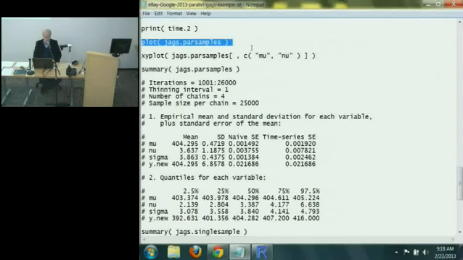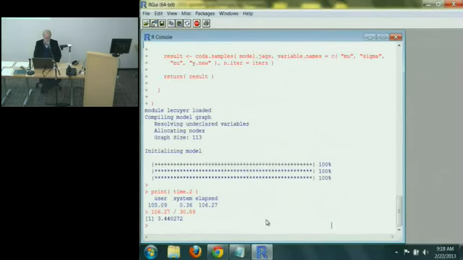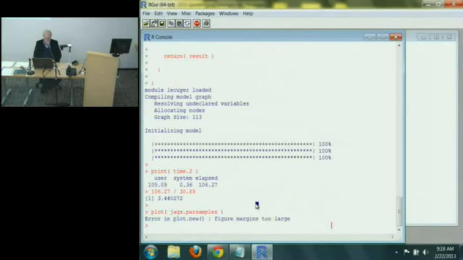jags.parsesamples is an object of type mcmc.list, I think, and so when you pass that object to plot, it figures out what kind of object it is and does the right thing. And so that's interesting.